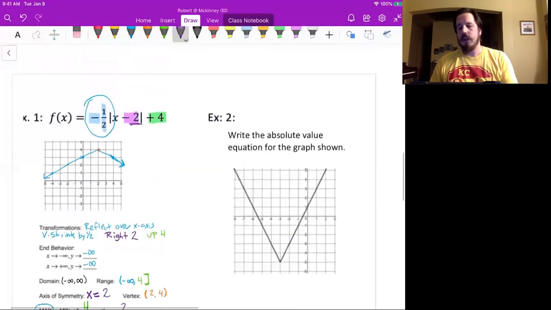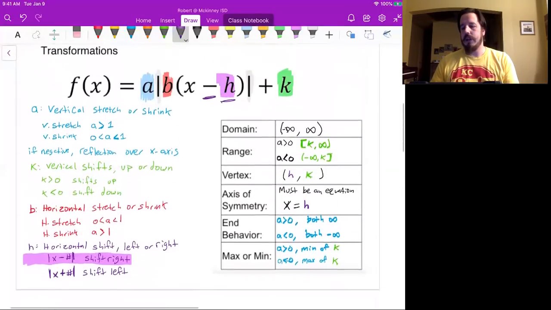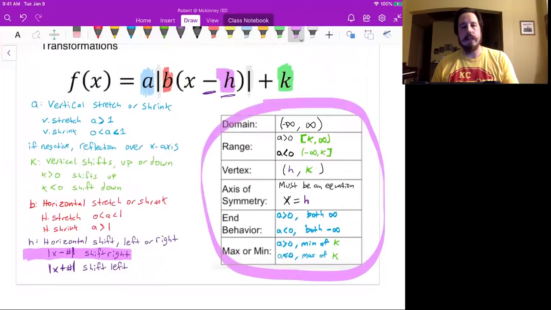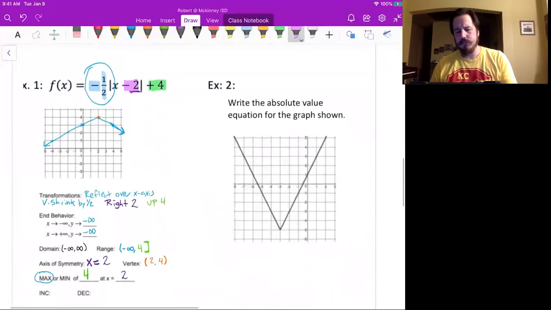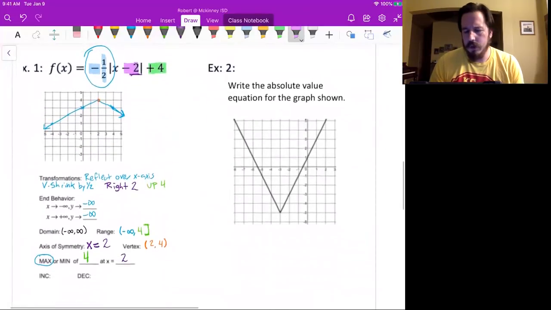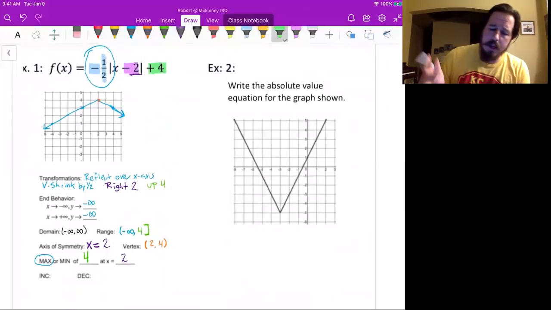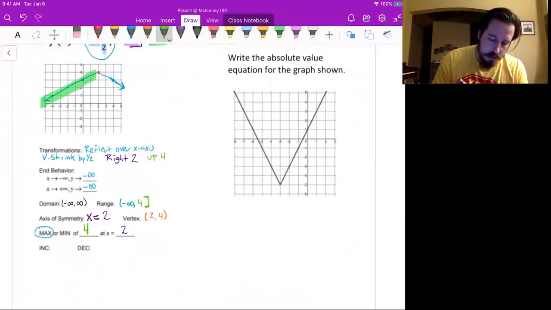So the only thing that isn't talked about in this part is the increasing and decreasing. So for that, we're going to want to look at the graph most of the time. Yes, there are ways around that, but we're increasing from negative infinity until I get to that value there of 2.